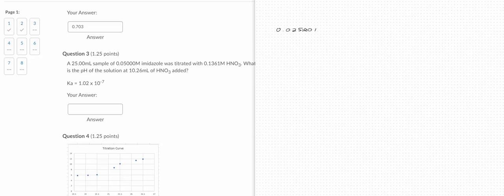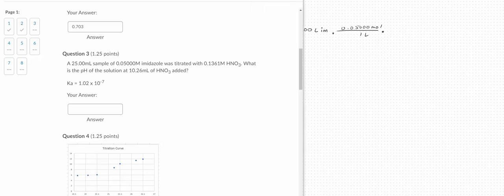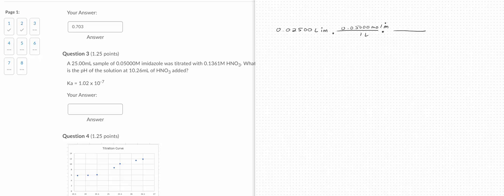So I start with my volume of imidazole, which is a base, and I'm going to multiply it by the concentration, 5,000 moles per liter. Imidazole is a 1-to-1. It has one acidic hydrogen, so 1 mole of imidazole will be neutralized by 1 mole of acid.